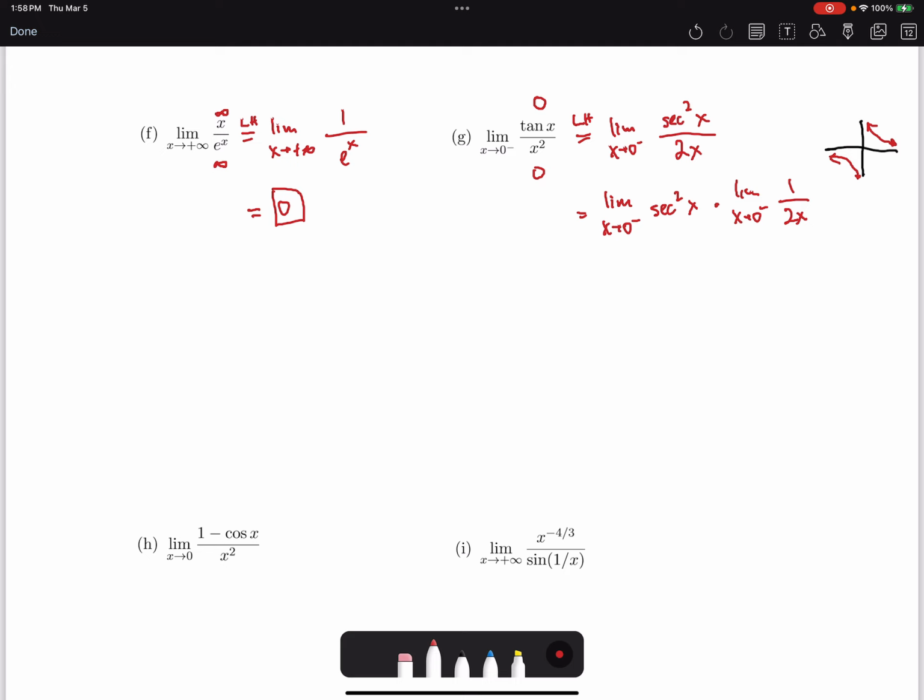And so 1 over 2 times x is going to look pretty similar. As we're approaching 0 from the left, it looks like this thing is going to go down to negative infinity. This piece goes to 1. This piece goes to negative infinity. So that means this limit is negative infinity.